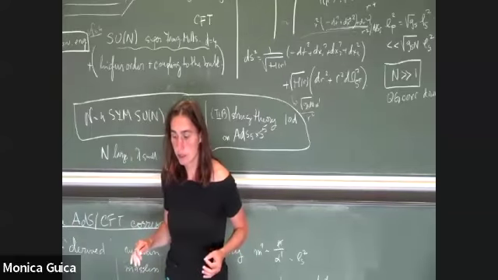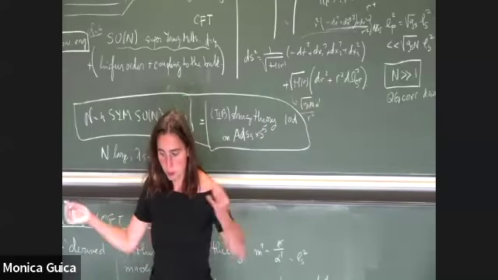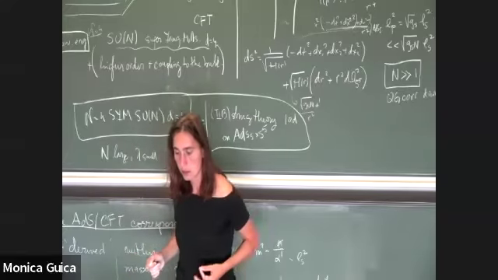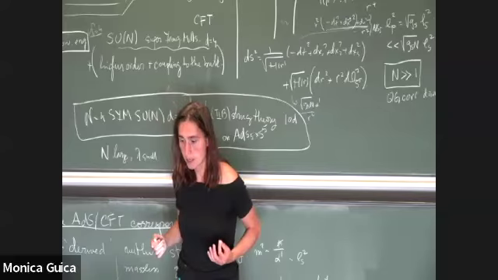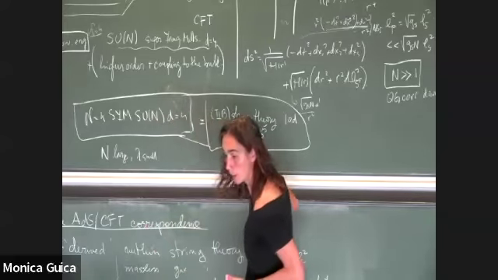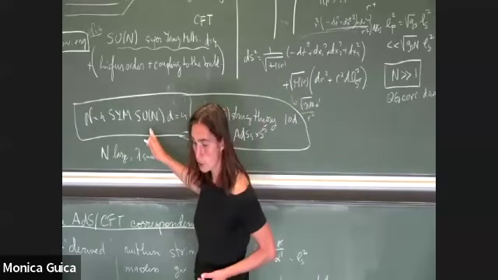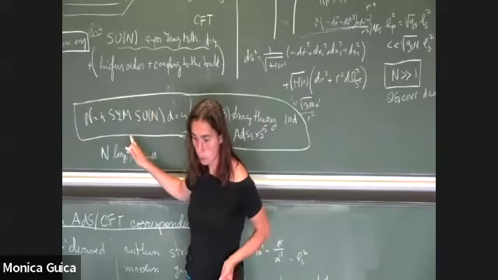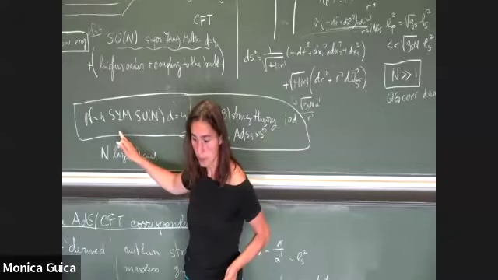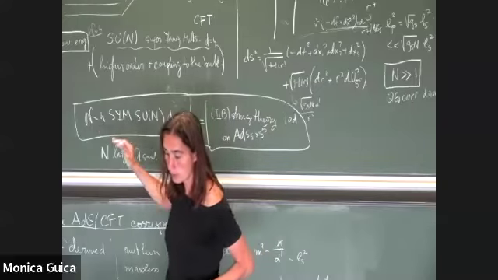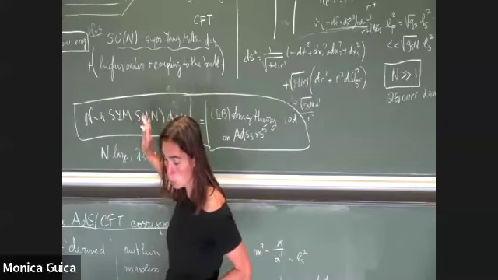However, one advantage is that the strong-weak business is also making the conjecture useful, in the sense that you can use the weakly coupled gravity description to do calculations that otherwise you couldn't even dream of doing at strong coupling in a field theory. And this is indeed one of the ways that this correspondence has been used a lot.